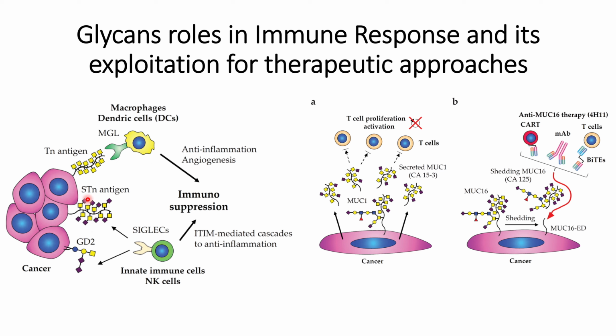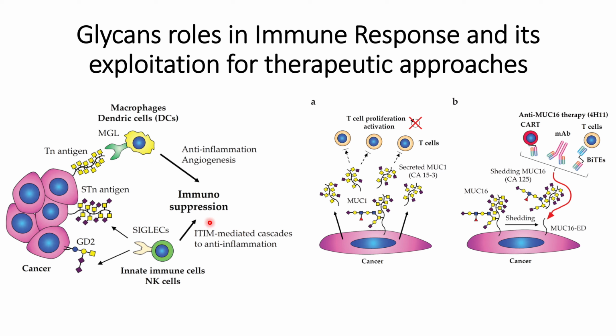These are either STn antigens, or the sialic acids are also expressed on GD2 antigens. In both cases, it will trigger a similar response, an ITIM mediated cascade that triggers anti-inflammation, and this will lead to immunosuppression.